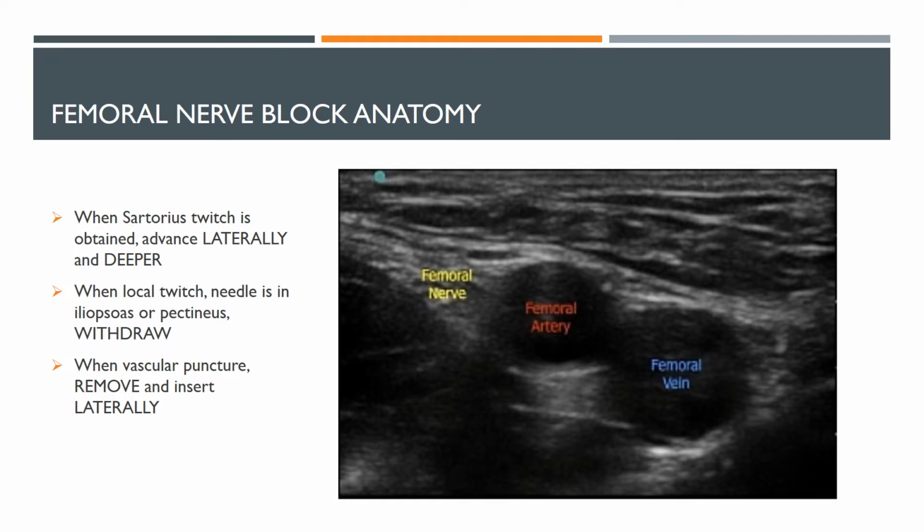When you see a local twitch, the needle is most likely in the iliopsoas muscle or the pectineus muscle, which are deep structures, so the appropriate response would be to withdraw the needle. And of course, when you have a vascular puncture, since the nerve is the most lateral structure, you should remove the needle, hold pressure, and then insert the needle more laterally.